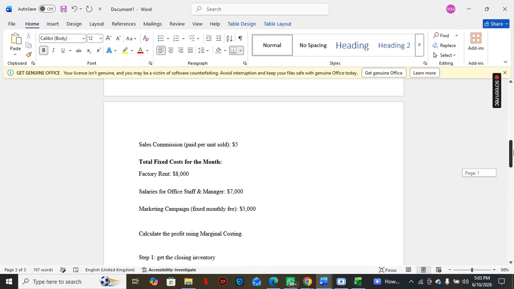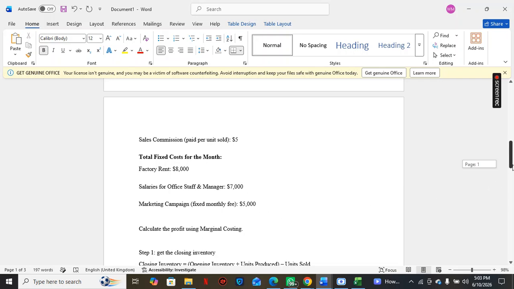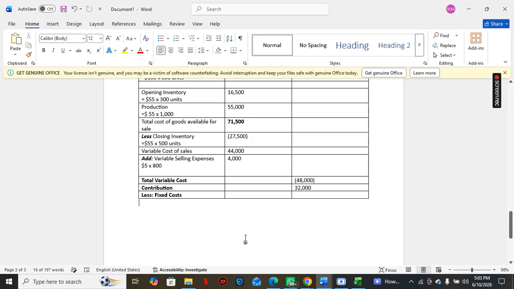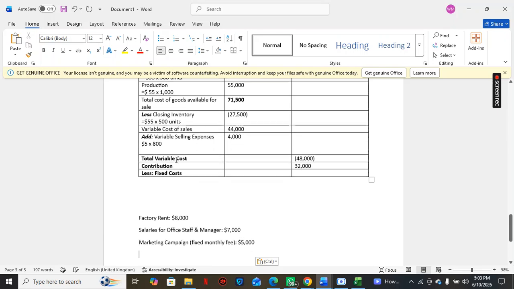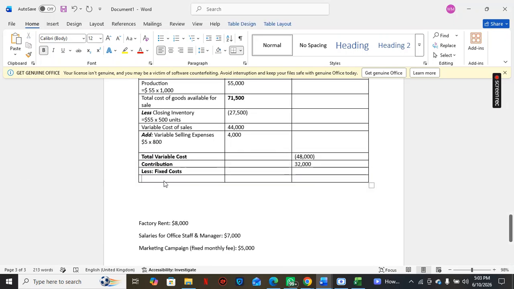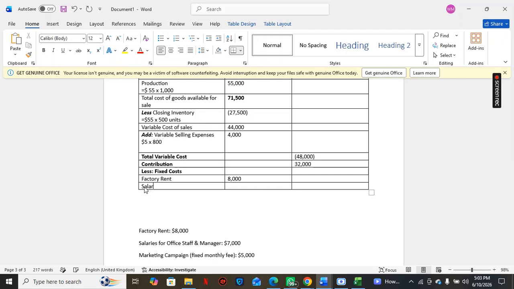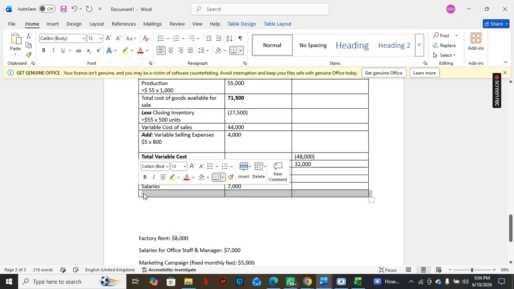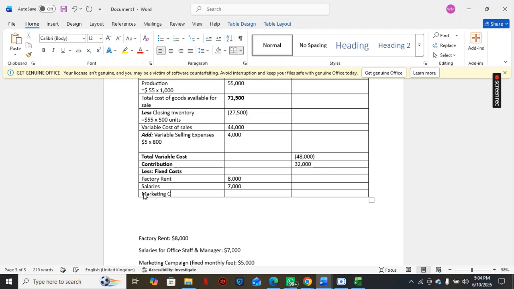The fixed costs they told us: factory rent, $8,000, salaries, $7,000, marketing campaign, $5,000.